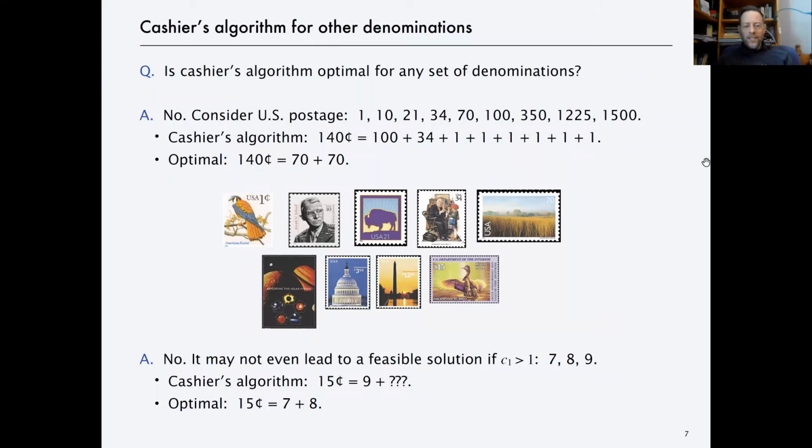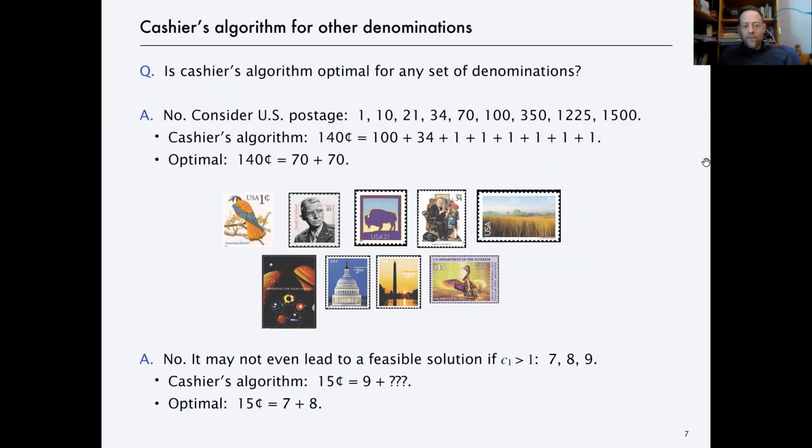Of course, the next question becomes: is this optimal for any set of denominations? As I've already said, that's not the case. For example, these US postage stamps, which to me are really weird: 1, 10, 21, 34, 70, 100, 350, 1,225, and 1,500, are not optimal.